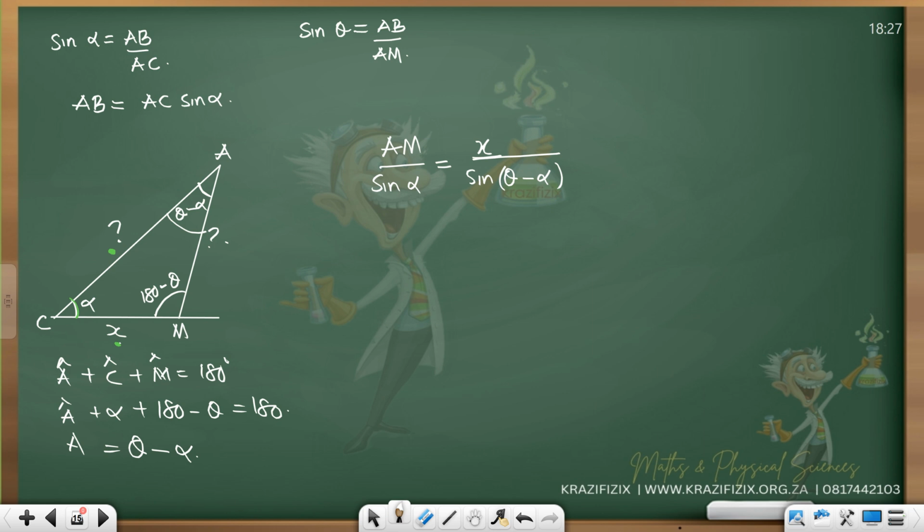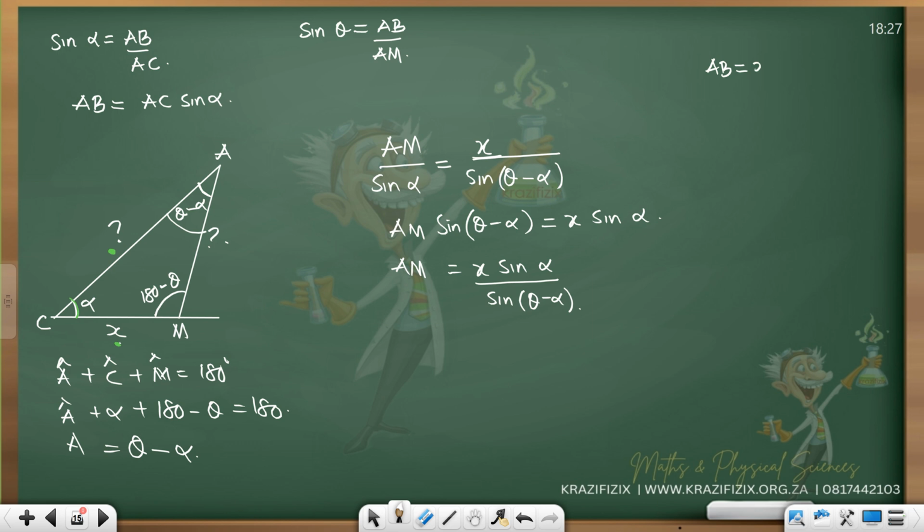If we cross multiply here, what is AM? All right, I'm going to be very slow here. Sine theta minus alpha times X sine alpha, just by cross multiplying. What is AM therefore? X sine alpha over what? This is really looking like... wait, what were we supposed to get? Let me write it here.